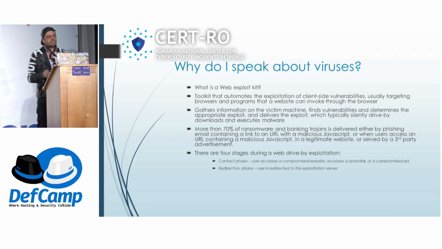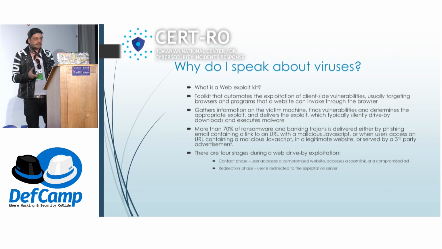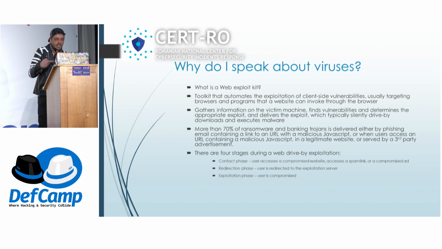The second phase is the redirection phase, where the user is actually redirected to the appropriate exploitation server according to his own type of browser, version, etc. In the exploitation phase, the actual exploit takes place, and the control of the victim's computer is taken by the attacker, which normally, in the infection phase, starts to install banking trojans, ransomware, etc.